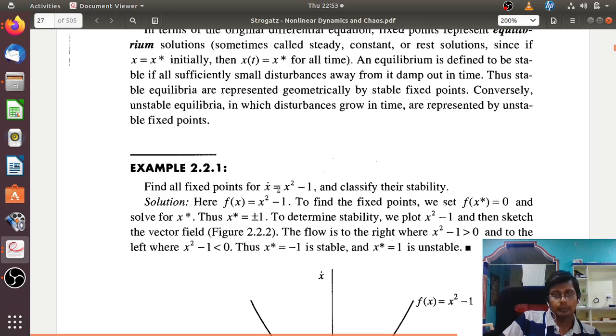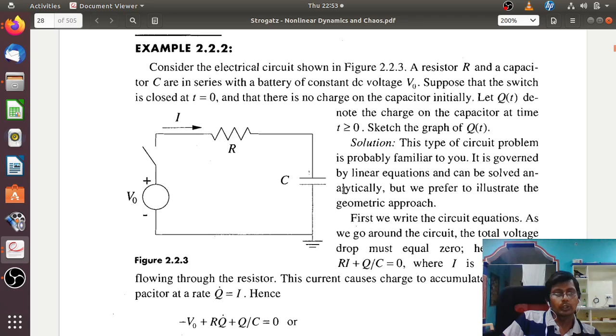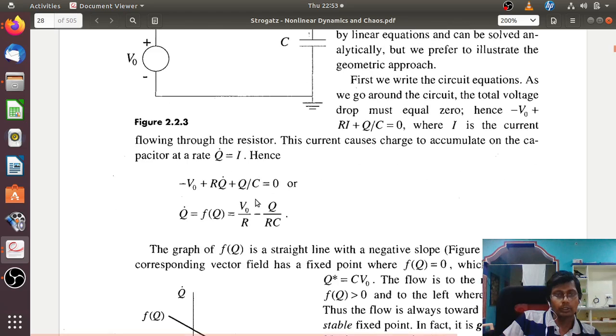this system, x dot equal to x square minus 1. Then in the second problem you have to do it for this system. For this system you have to derive the differential equation, and then you will obtain the differential equation in this manner.